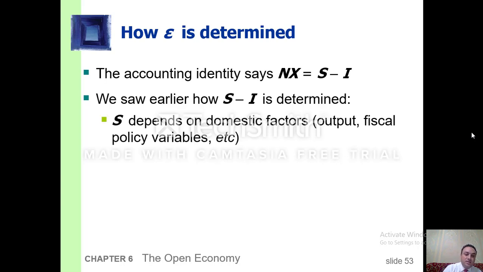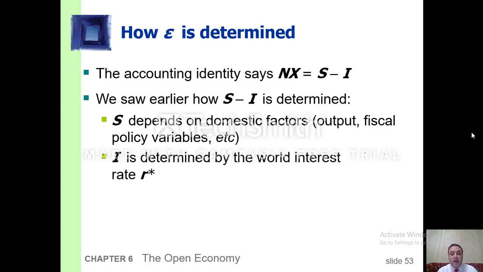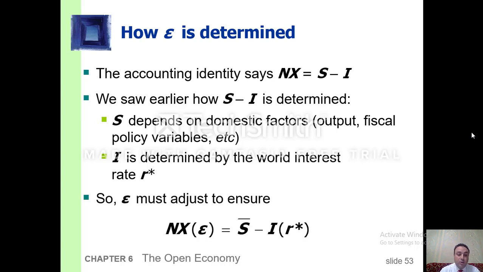Saving depends on domestic factors: the output, the income, the fiscal policy variables, where the government increases or decreases government spending and taxes and so on. And we see also what determines the investment, which is the world interest rate. So the real exchange rate must adjust to ensure that this equation holds.